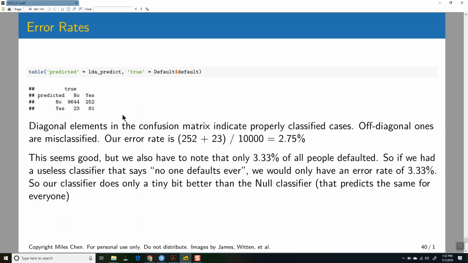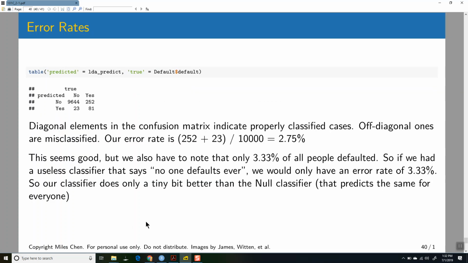It's just assuming no one defaults. What's our error rate there? Our error rate's only going to be 3.3% anyway, okay? So our classifier only does a little bit better than having no classifier ever. And so maybe this isn't that great, okay?